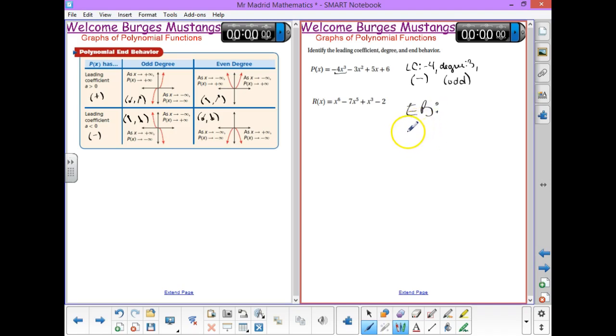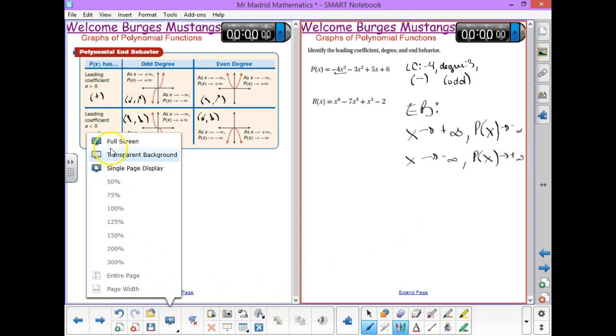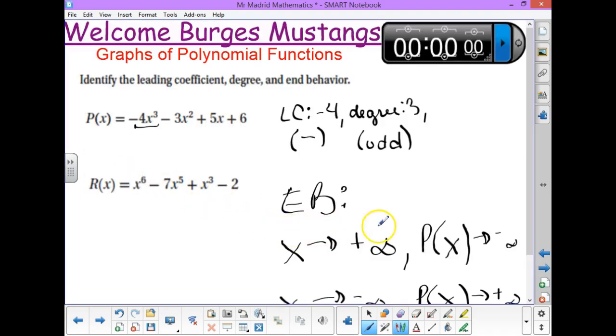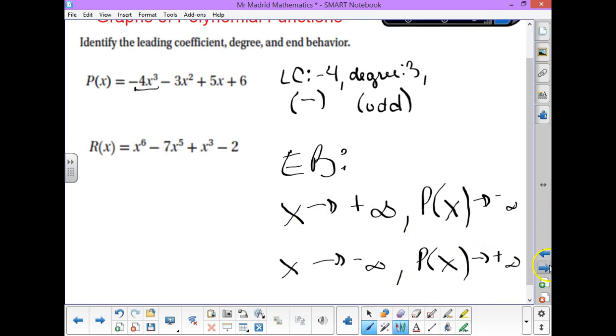I'm going to put down: as x approaches positive infinity, p of x approaches negative infinity, and as x approaches negative infinity, p of x approaches positive infinity. All right, there's the second one. You can try that, kind of check your understanding.